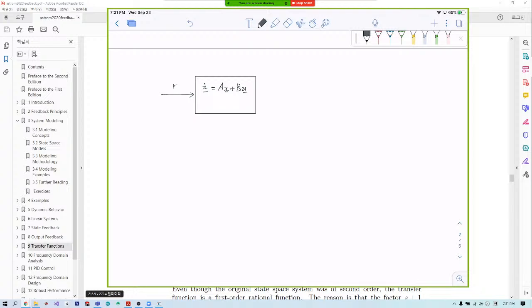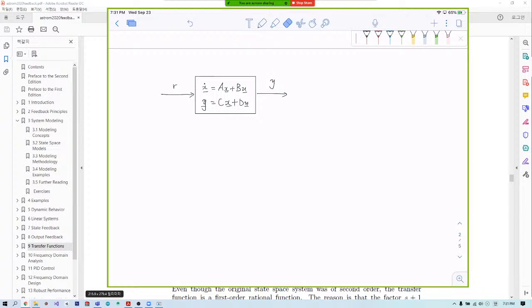So this equation tells us how the system will change as time goes. For a given state and a given input, it tells us how the system will behave the very next moment. And we want to calculate the output using these two values as well. So in the end, we want to calculate this y.